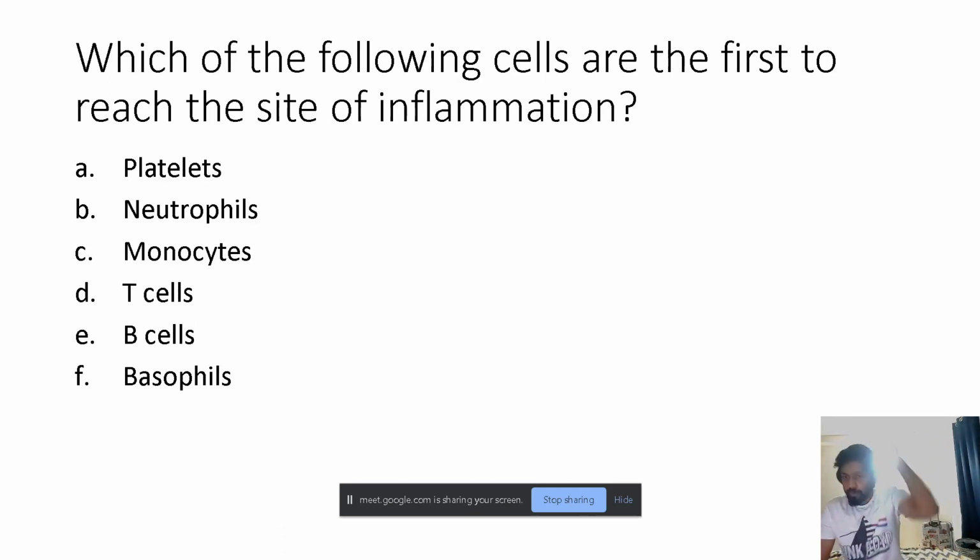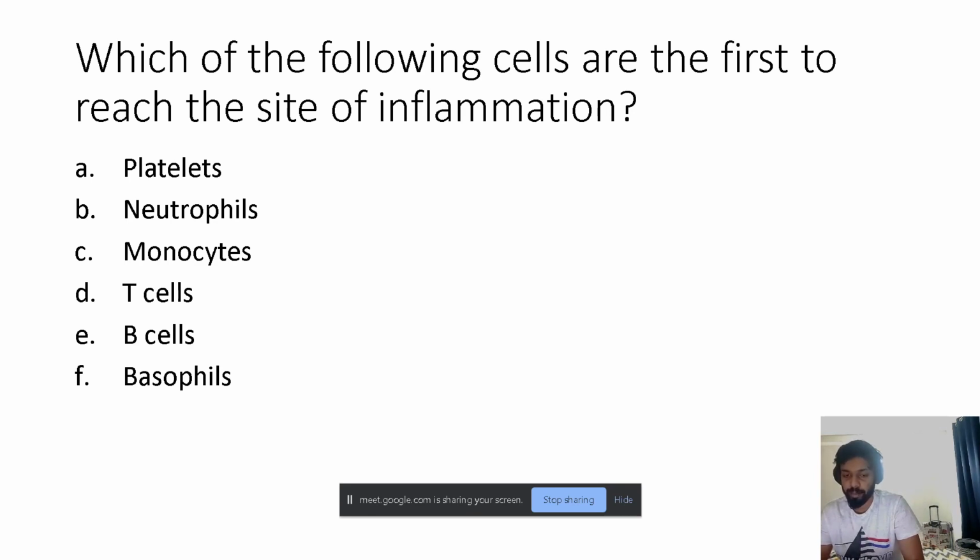Okay. Which of the following cells are the first to reach the site of inflammation? Platelets, neutrophils, monocytes, T cells, B cells, basophils. Essentially, they're asking which immune cells are the most motile, which can travel faster and reach the site.